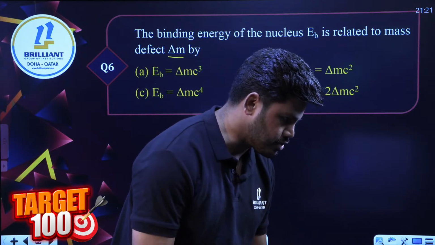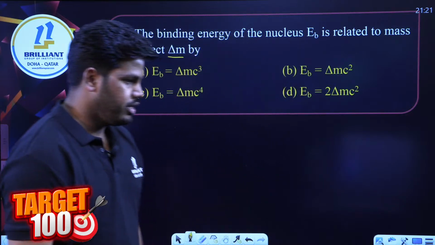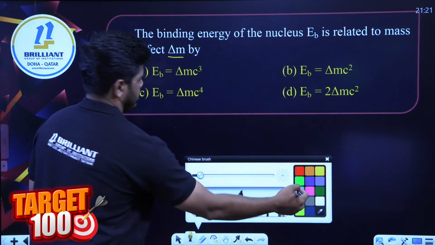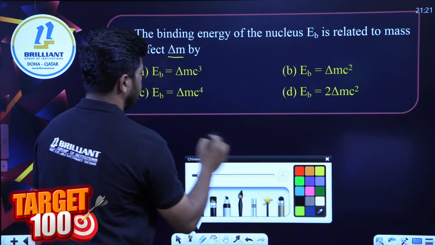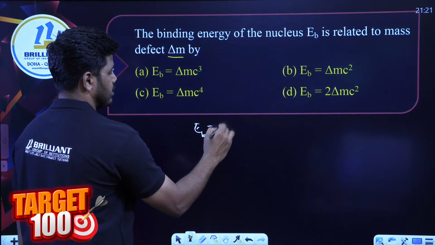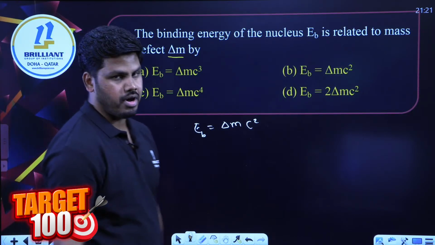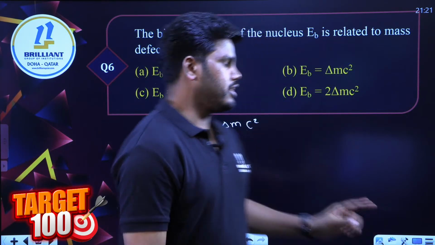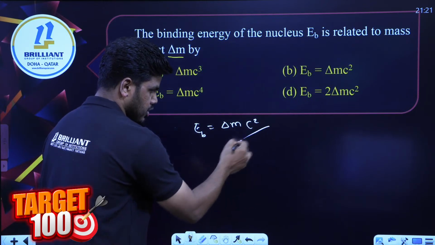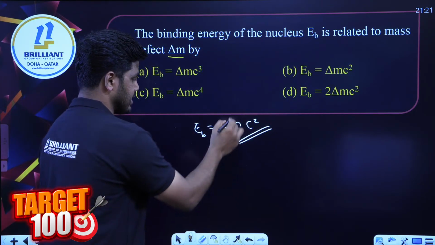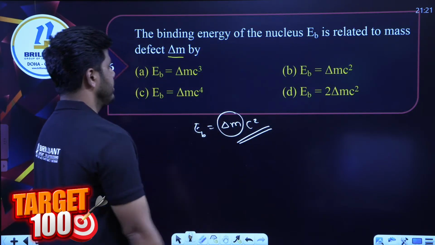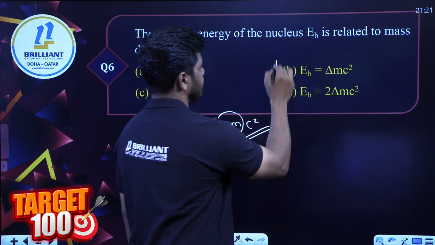Yes, so many answers, this is correct. We know the relation: binding energy is equal to delta M C square, Einstein's mass energy equivalence. This delta M is called the mass defect, and option B is the correct answer.